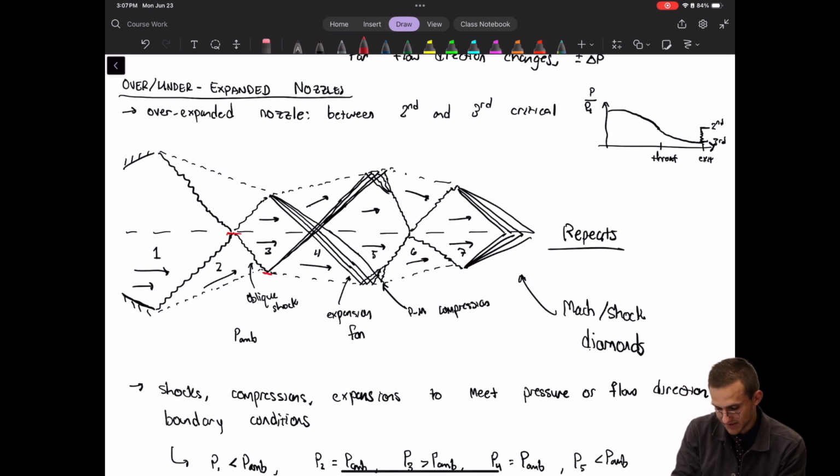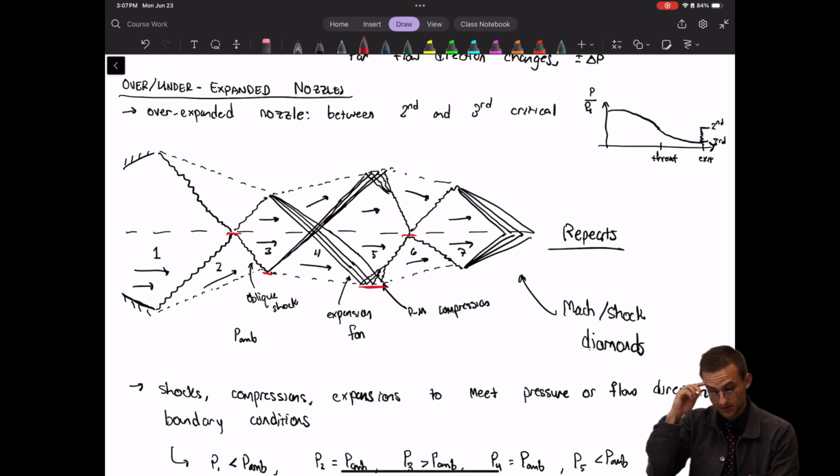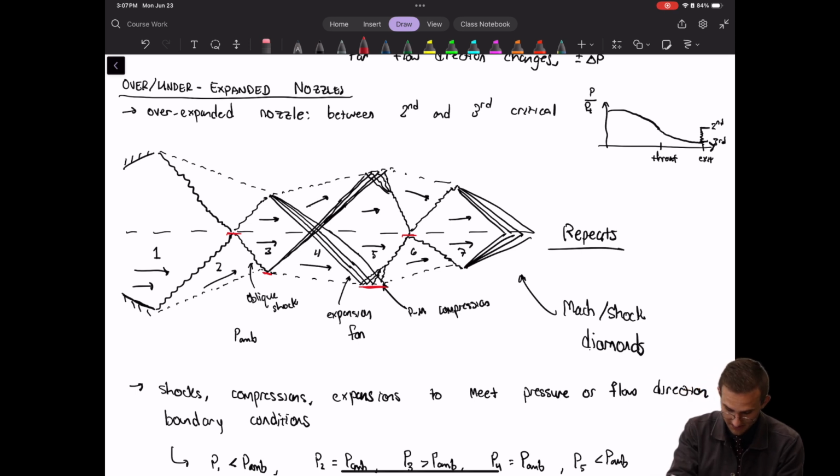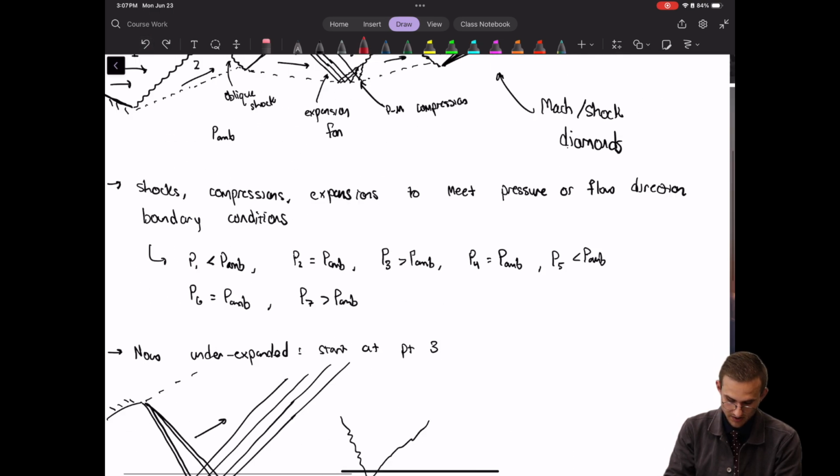Even though it changes character into an expansion wave, it's reflecting off of that. And then again here, all of these expansion fan waves are reflecting off the free boundary right here. And then the oblique shock that they coalesce to form is reflecting off of the center line. Okay, so it seems like there's reflections happening here, but in reality.